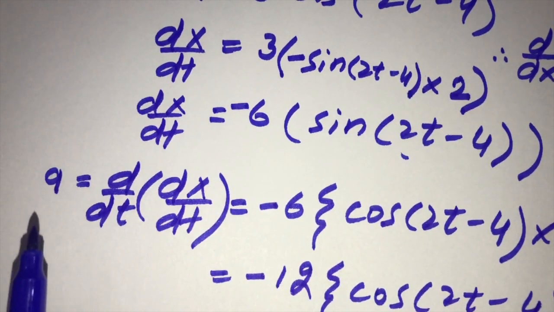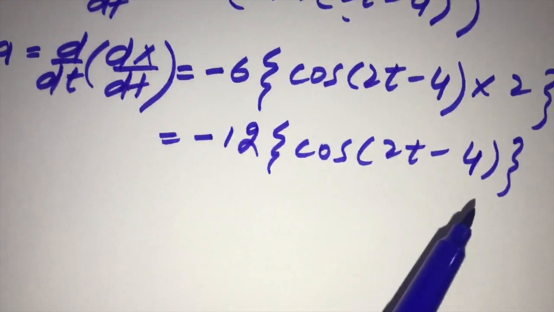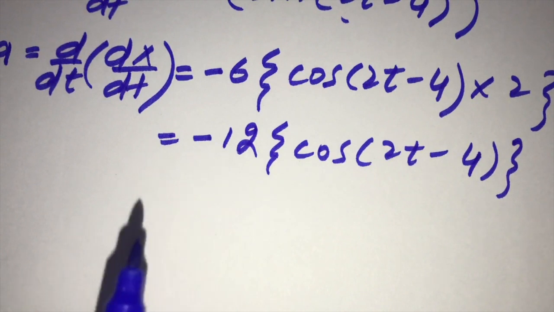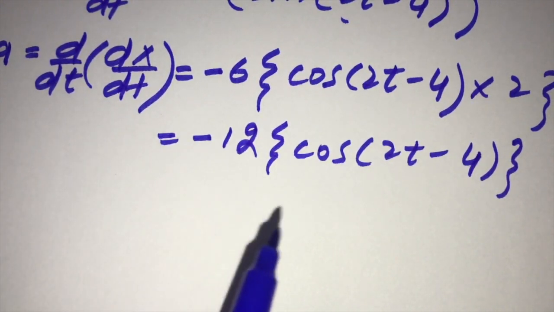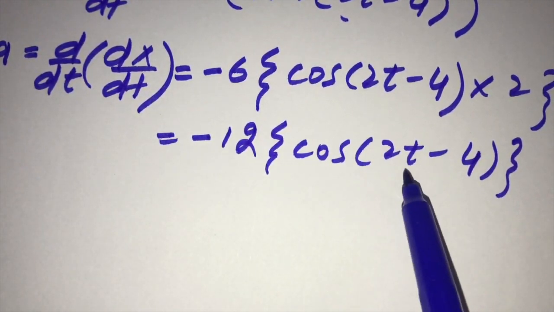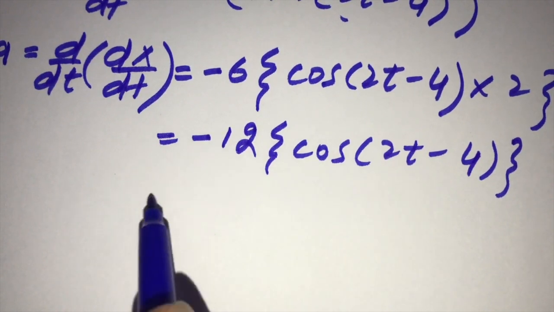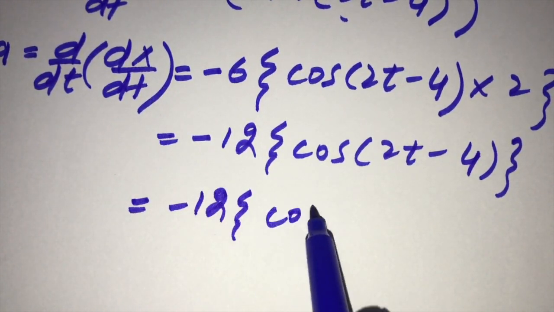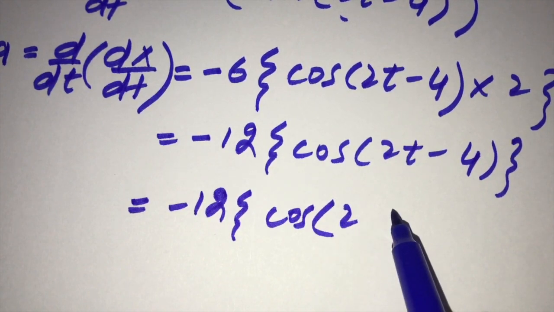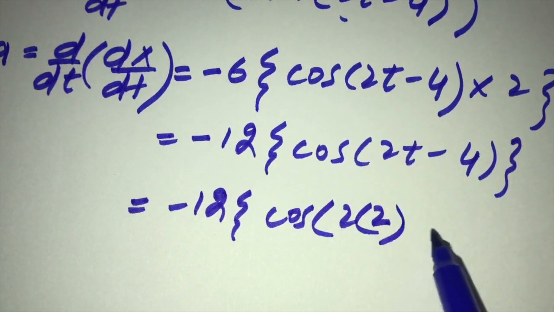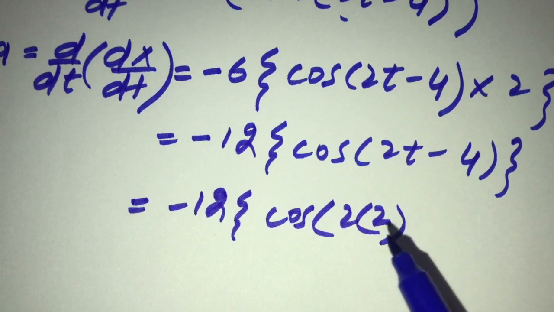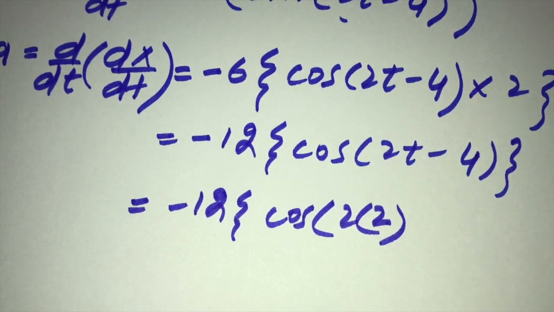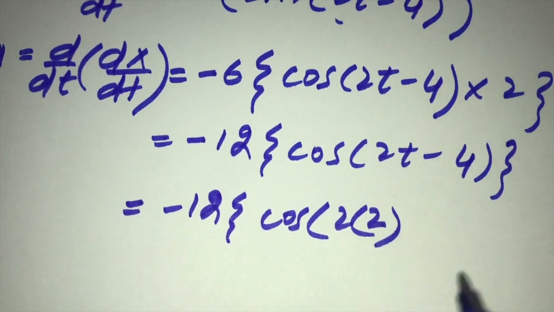Now in order to find the acceleration at 2 seconds, put t is equal to 2. So minus 12 into cos of 2 into 2 minus 4, because in our first part we have to find the acceleration at t is equal to 2 seconds.